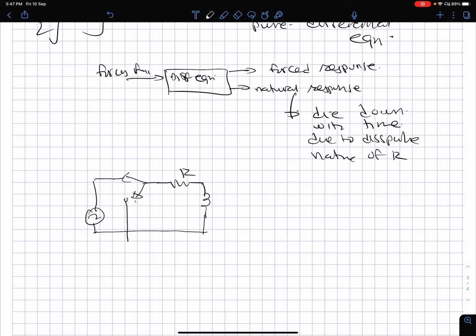So the switch is like a two-way throwing kind of switch. Initially, at t equal to minus infinity, meaning a very long time back, I had thrown the switch to this position S1, and so some current had set up in this circuit.